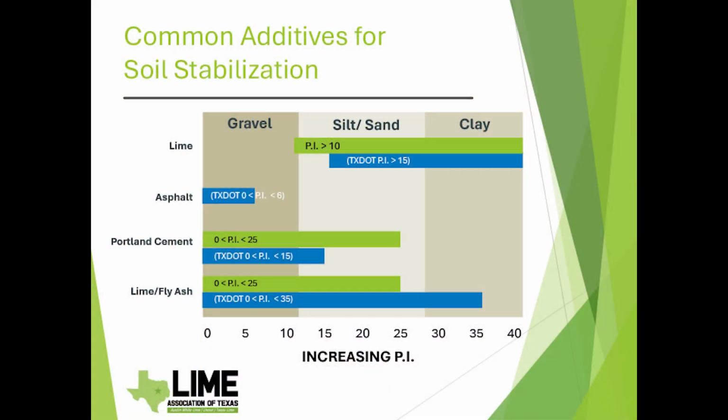But one of the things I want to point out about this graphical is what you don't see. You don't see things like liquid stabilizers and some of the polymers. There's some alternatives, I'll call them alternative stabilizers. These are TxDOT's guidelines, and none of those other ones have been accepted and turned mainstream yet.